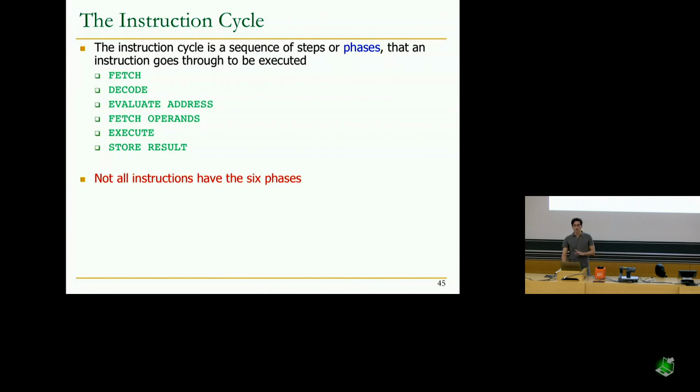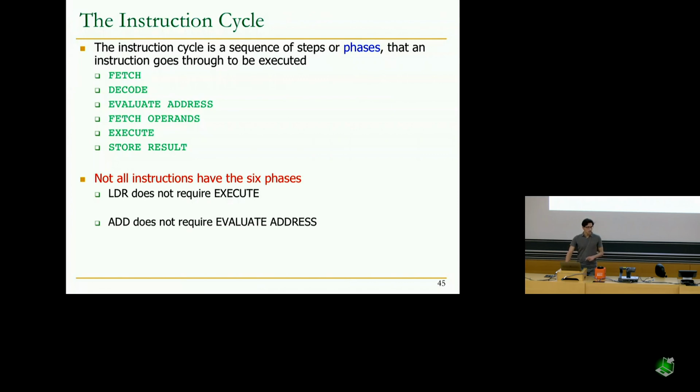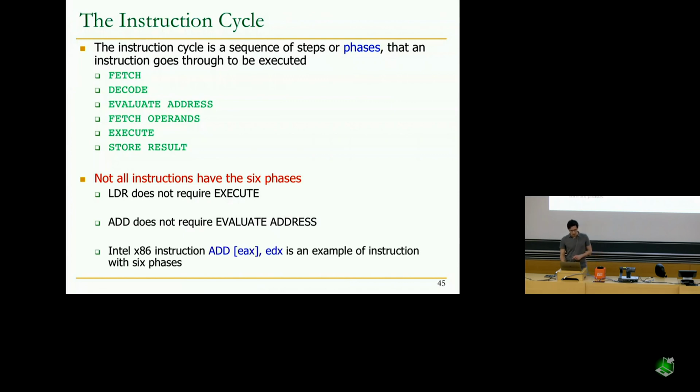We will see some examples of this. Not all instructions have the 6 phases. For example, LDR does not require execute because LDR doesn't use the ALU. Add does not require evaluate address because add doesn't access the memory. But there are some other cases. For example, here you have this Intel x86 instruction, add EAX, EDX, that has the 6 phases, because it has 2 operands.